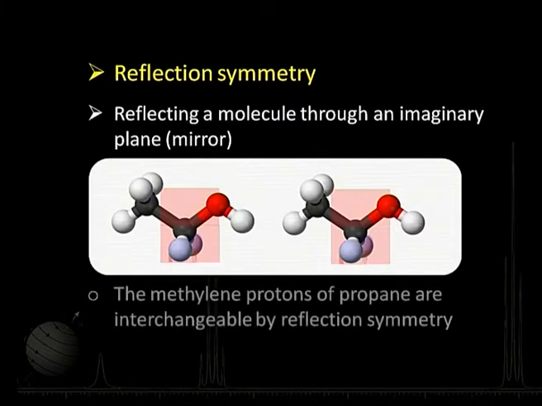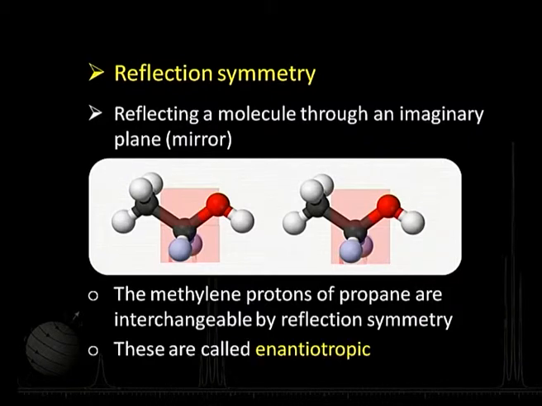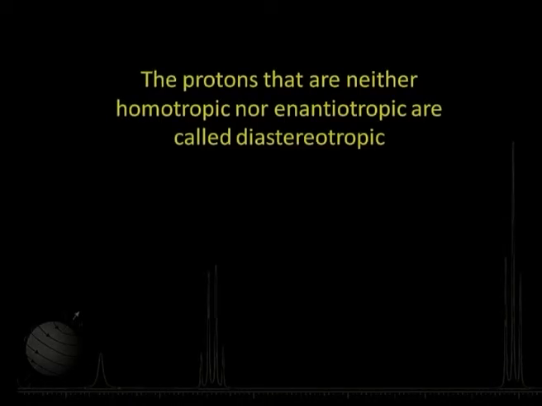So, these two methylene protons, which are related or interchangeable by reflection symmetry, are equivalent and are called enantiotopic in nature. The ones related by rotational symmetry are equivalent and homotopic. Now, there are certain molecules in which the protons are neither homotopic nor enantiotopic.